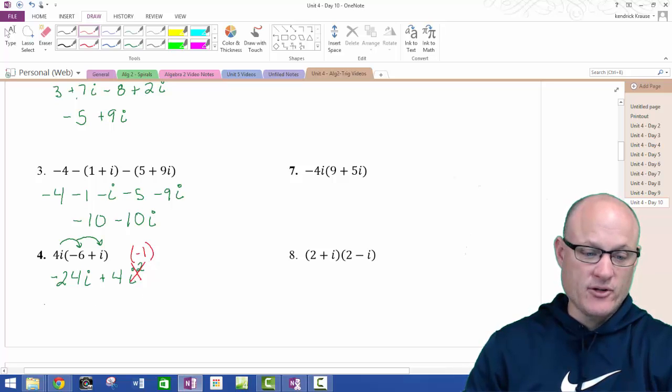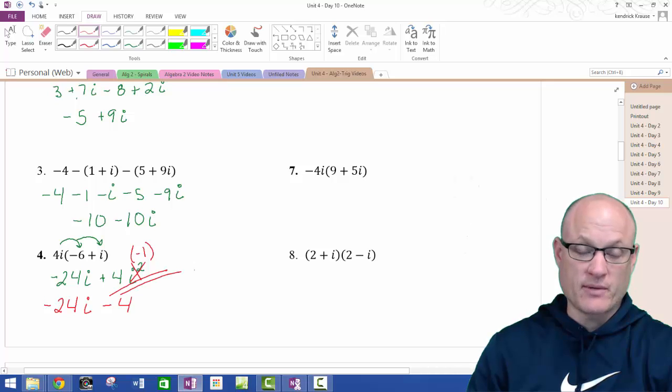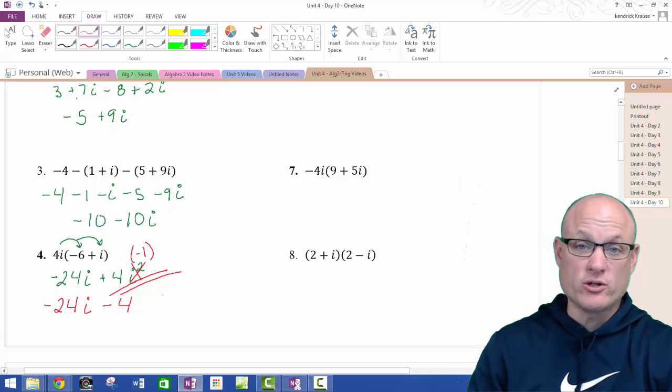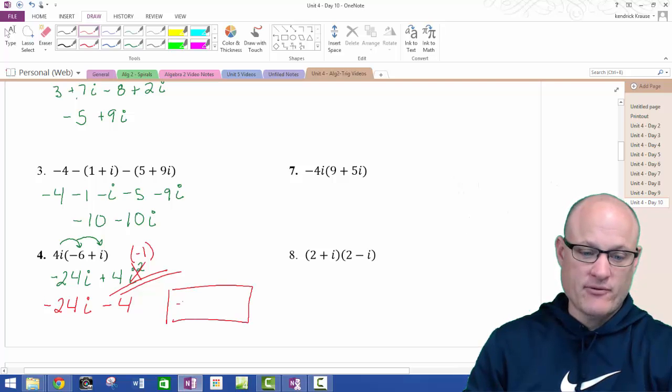So what I have here is negative 24i minus 4. Because I multiply those, I get minus 4. Normally, it's better to leave it in standard form, and standard form would say put the real number first and the imaginary number second. So your final answer really should be written like this. Negative 4 minus 24i.